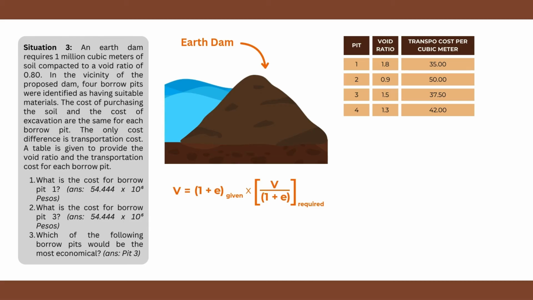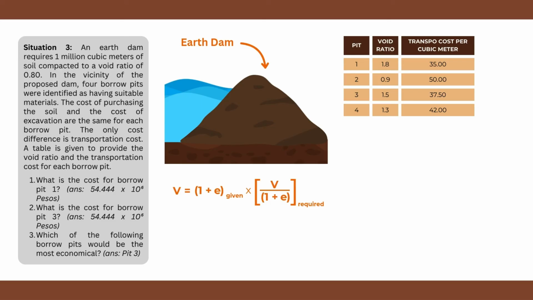Now, regarding the cost values, madali na lang yan kunin since ang unit lang naman for that is per cubic meter. I-multiply lang natin yung mga makukuha nating volumes from each borrow pit with their corresponding transportation prices. Since alam na natin yung mga equations na gagamitin natin, let's perform our solution.